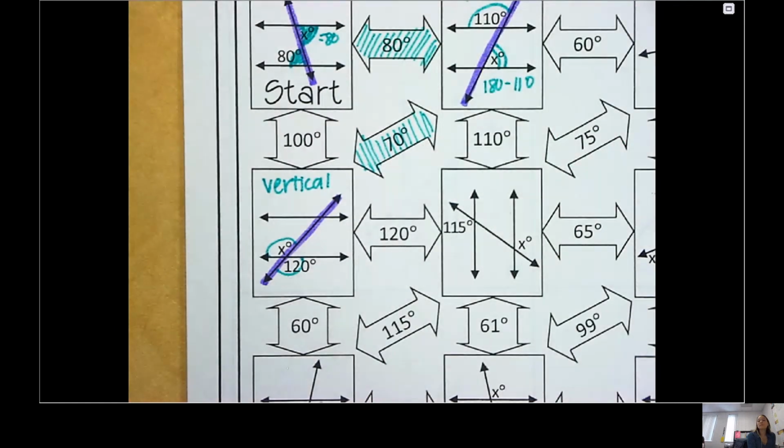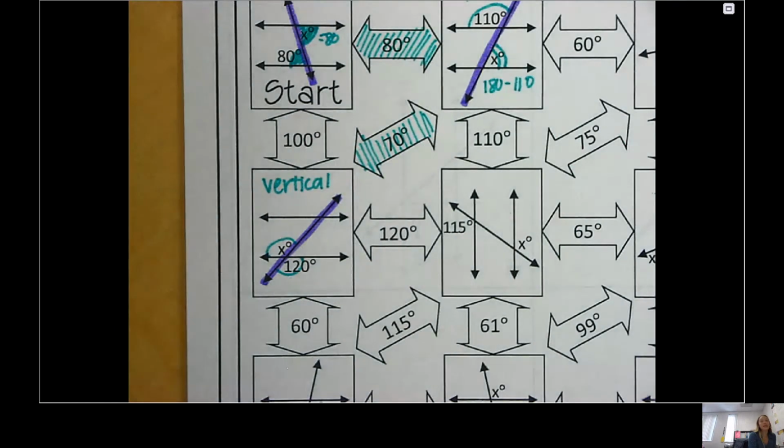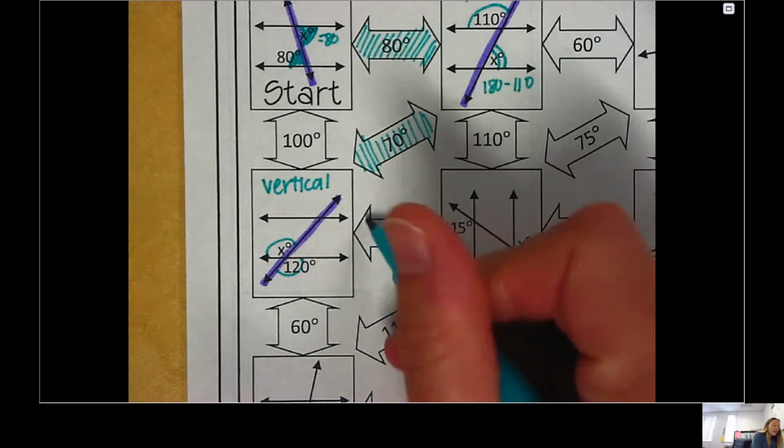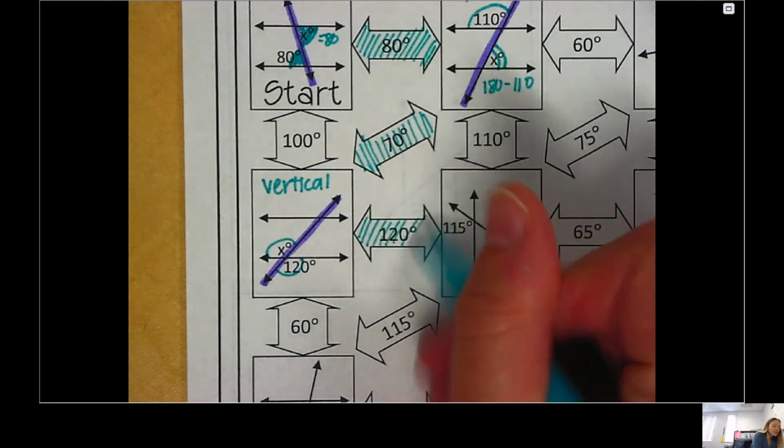They're what? I cannot hear you. They make the X, and what else do you know about those vertical angles? Are they the same or are they supplementary? They're the same. So what should my X value be? Woo, 120 is the same. Yep, 120. And then I go on from there and continue.